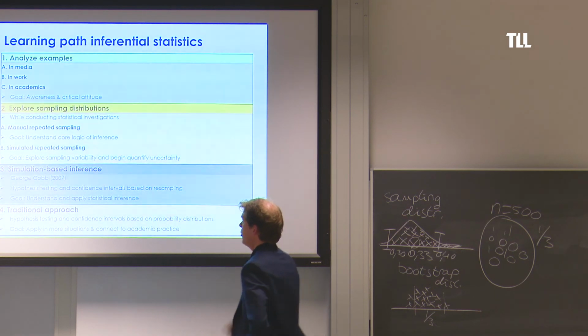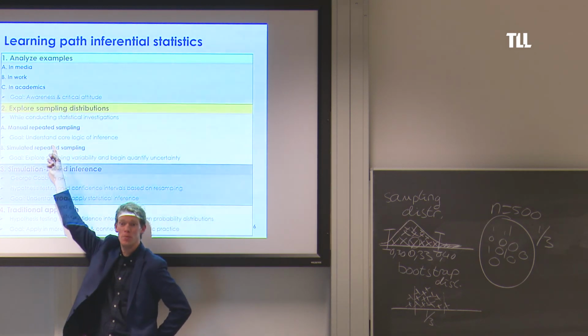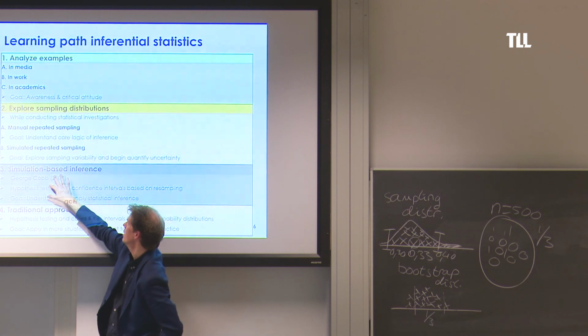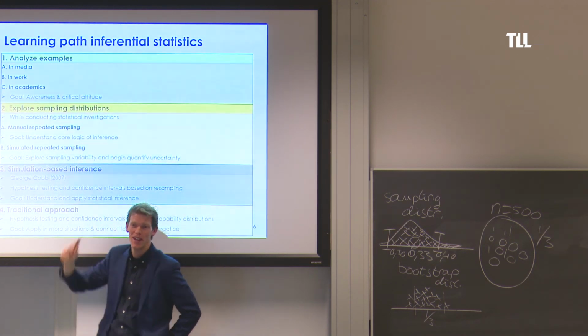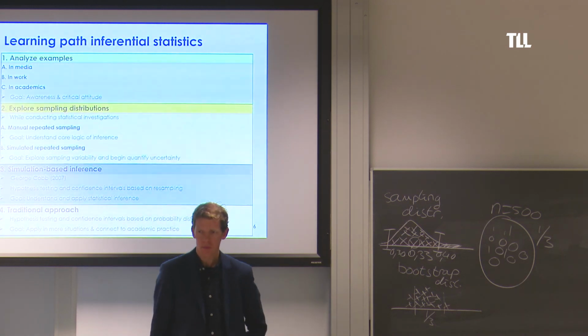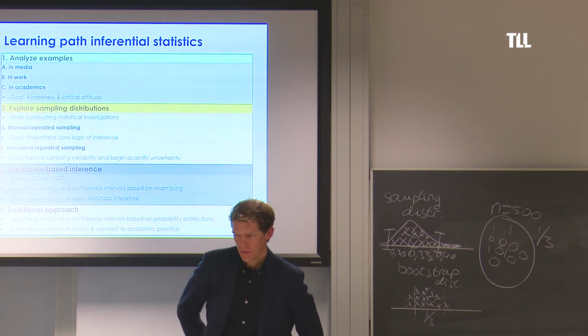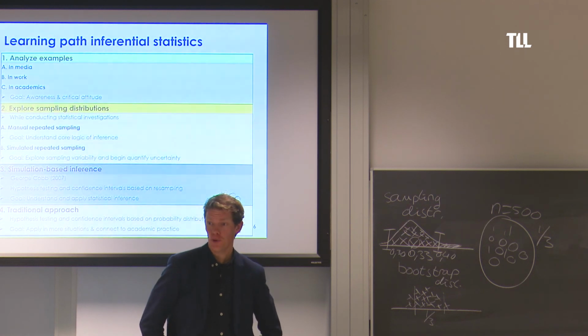Maybe for simulation-based inference, I suggest also doing some manual repeated sampling, because simulation-based inference is actually also simulated sampling. Yes. So maybe the structure could be improved, or just done another way.